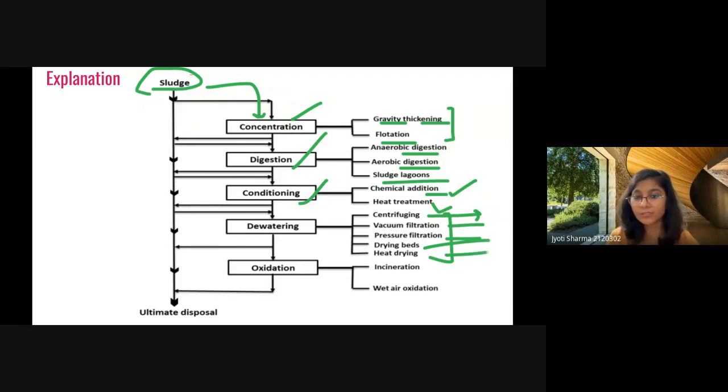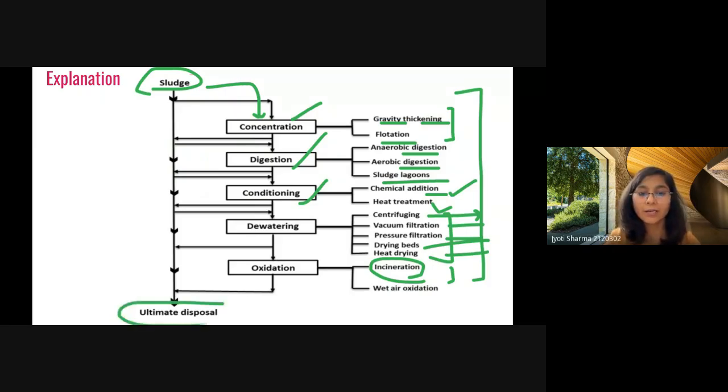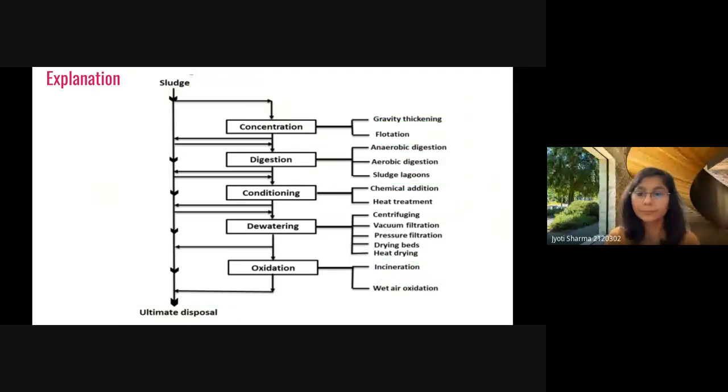And for oxidation, we have incineration and wet air oxidation. This we have learned a little, but we will again have some MCQs. The next part is to talk about these methods one by one. And then ultimately we will get the ultimate disposal: we can dispose in a landfill, or we also have some techniques to dispose it. We will talk about that also.